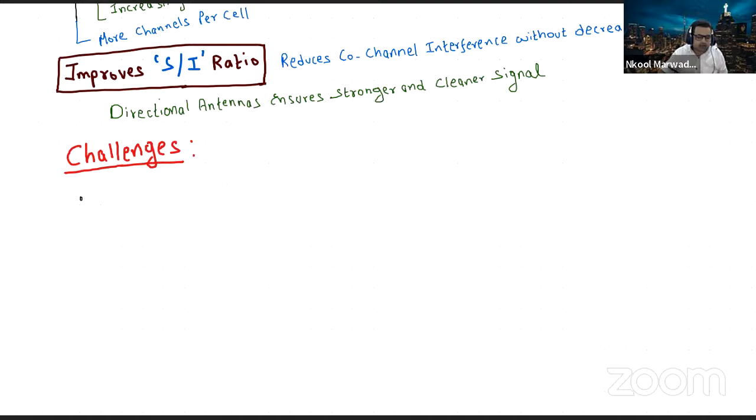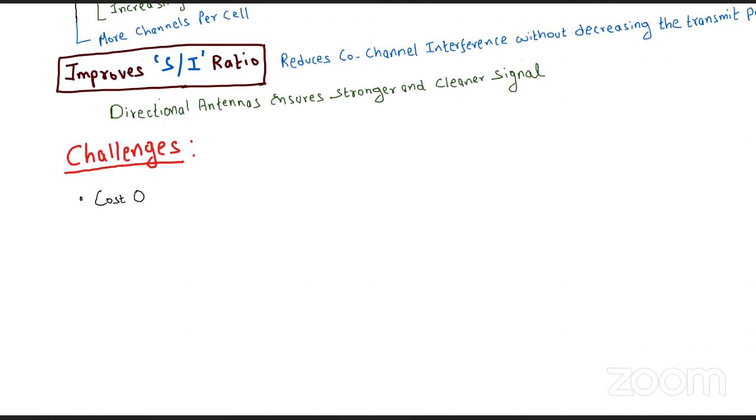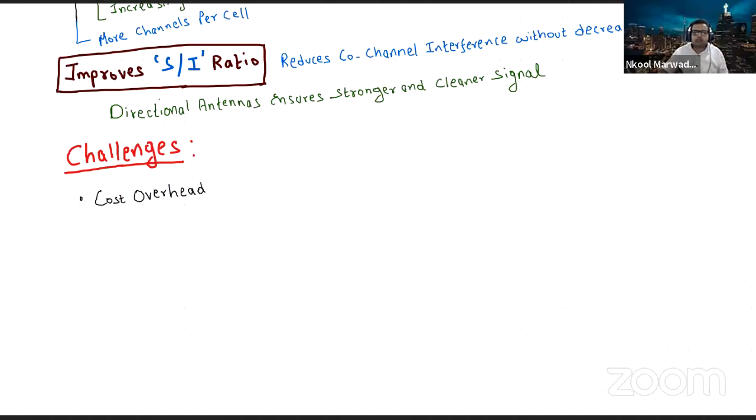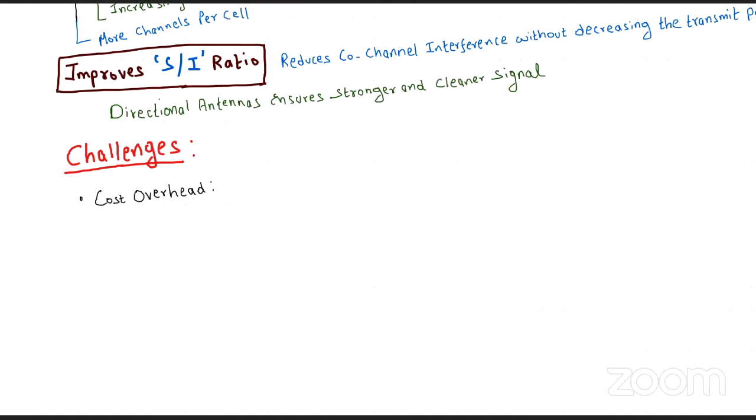See, the first challenge is the cost overhead. And why cost overhead? The cost is increasing because as we are sectoring, we need to install more base stations.